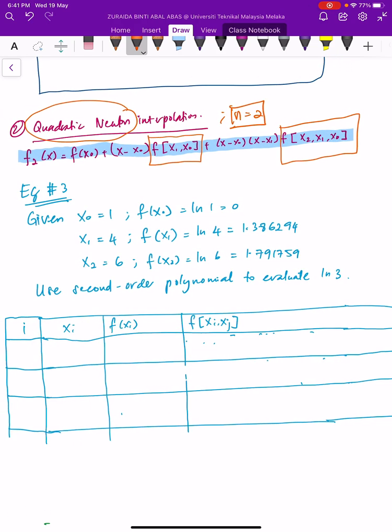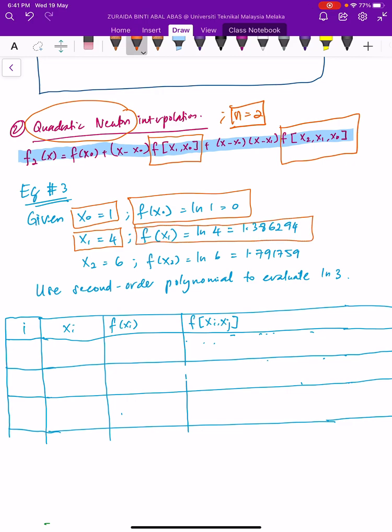Let's say that you're given 3 points. The first point is x0 equal to 1, with ln 1 equal to 0. This is the first pair. The second point is x1 equal to 4, in which the value of the function is 1.386294.